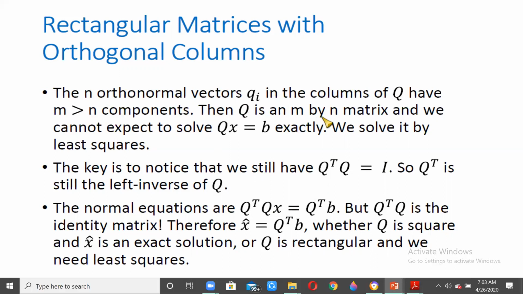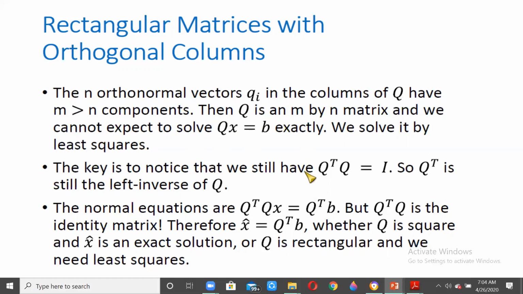Then Q is an m by n matrix, and we cannot expect to solve Qx equal to B. So we have more equations than unknowns, so we cannot straight away solve it exactly. The only way we can solve it is by least squares.